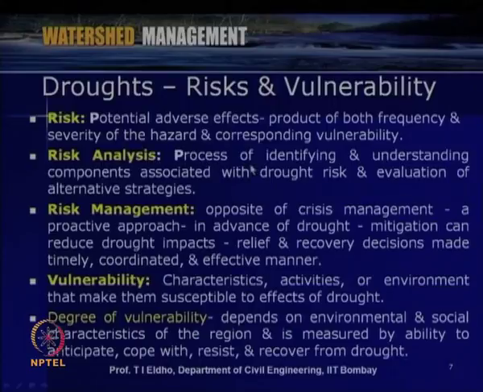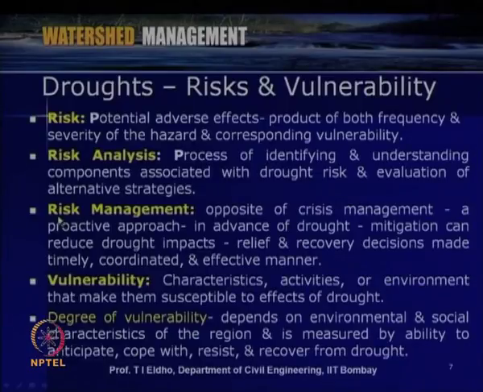Risk analysis is the process of identifying and understanding the components associated with a drought risk and evaluating alternative strategies. So, we can assess what the risk related to droughts will be for a particular area or watershed, and then we can look into alternative strategies based upon the vulnerability analysis or risk analysis.